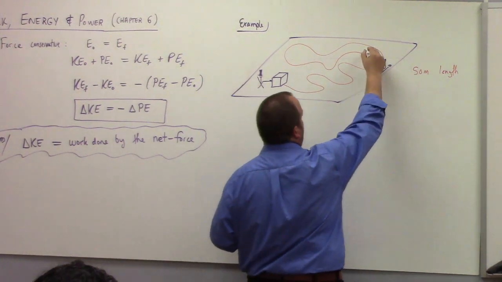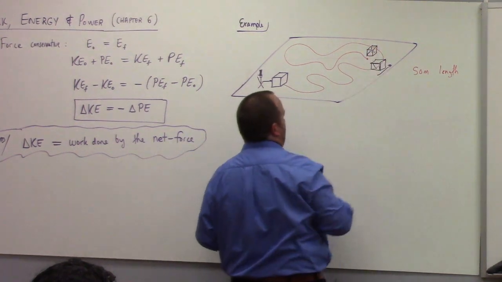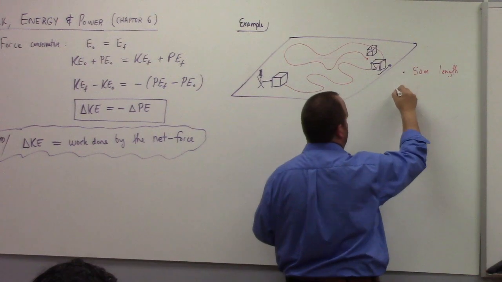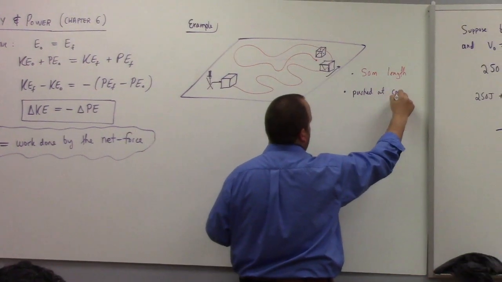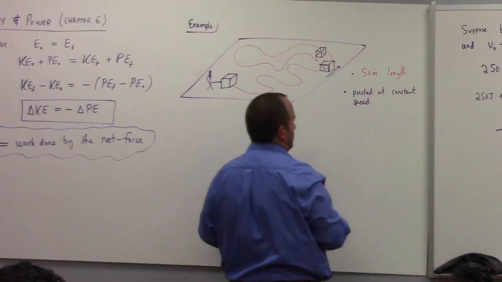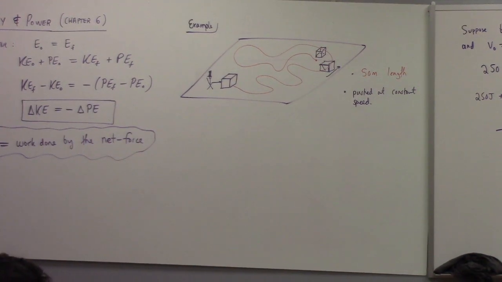And so finally he gets over here at the end, and my starting question is, so 50-meter length, and we're assuming it's pushed at constant speed, then what is the work done by friction on the box? And also, what's the force with which Mr. Top Hat's pushing the box?